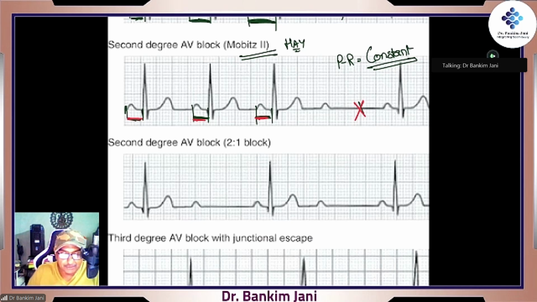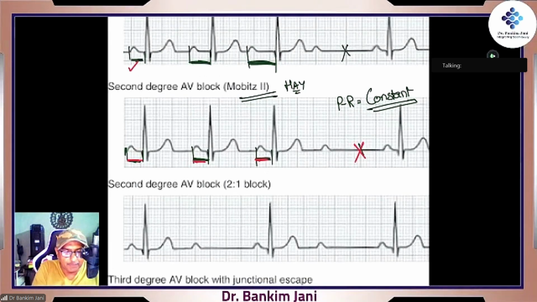We can just take a decision whether it is Mobitz type 1 or Mobitz type 2. Mobitz type 1 means it should steadily increase. But when we say increase, we need at least 2 PR intervals, right? Only then we know that this is less and this is more, and then we can stamp it. And in case of Mobitz 2, we need at least 2 when they are the same.